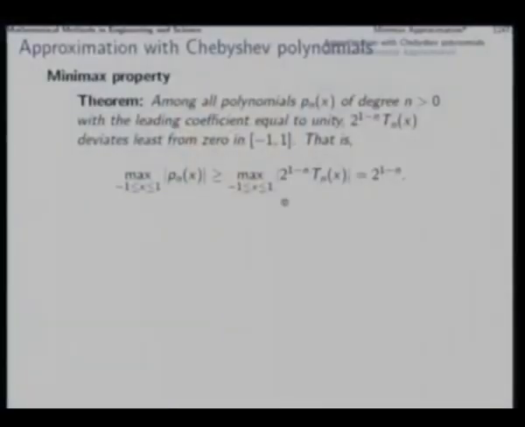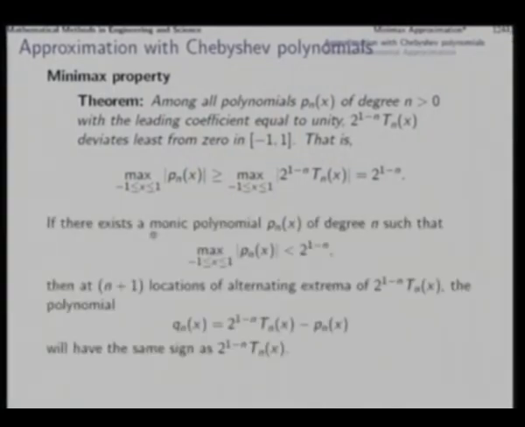For that we first assume that suppose there is some other polynomial which has even less deviation. So, if there exists some monic polynomial p n x of degree n which deviates less than this, then we consider the values of this candidate polynomial at the extrema of the Chebyshev polynomials.